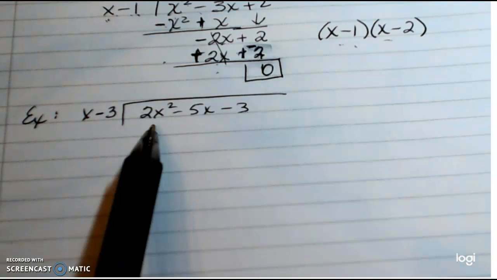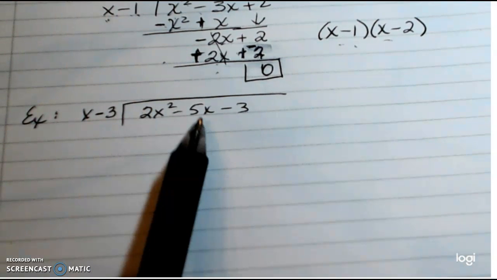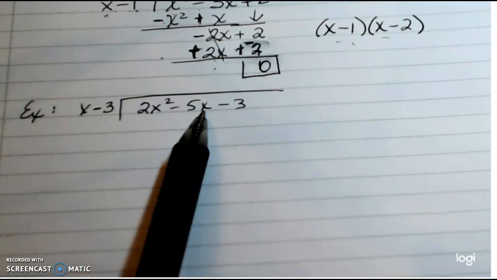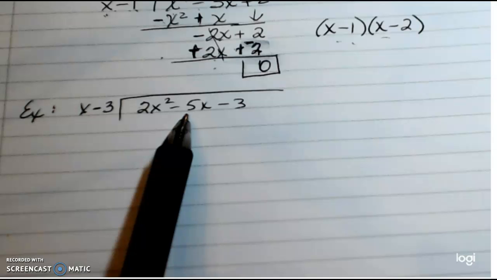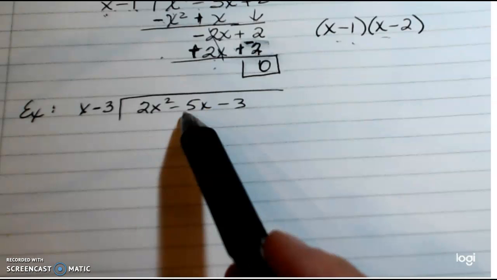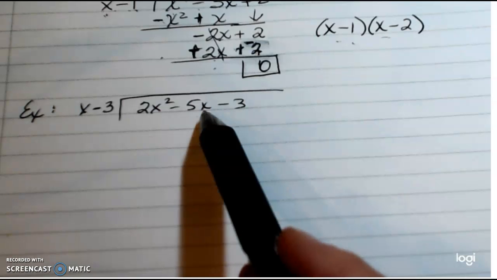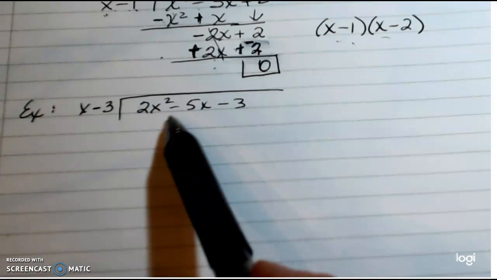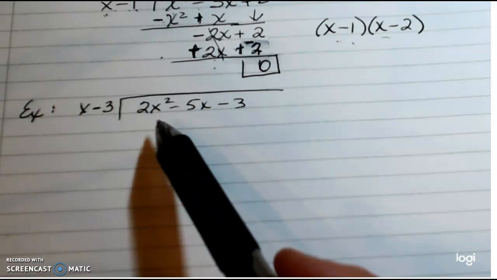First, if your polynomial, that is your dividend, is missing a term, like it's missing, say, the linear term, always fill it in with a 0 coefficient. So if there was no linear term here, you'd write plus 0x. If this was quadratic and you were missing the squared term, you'd write plus 0x squared.